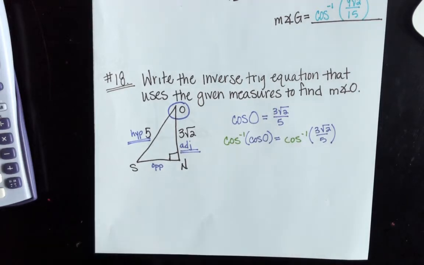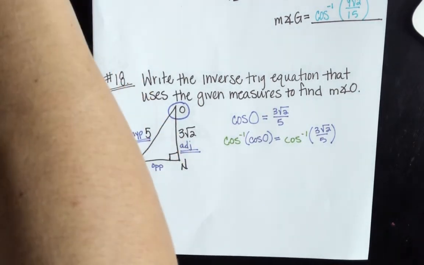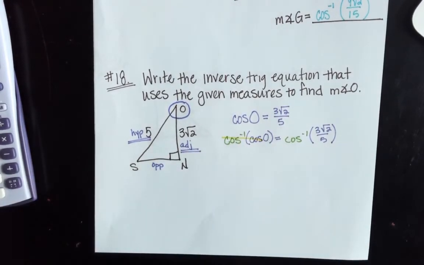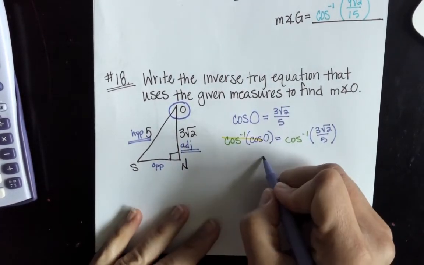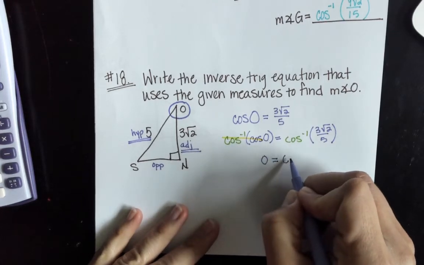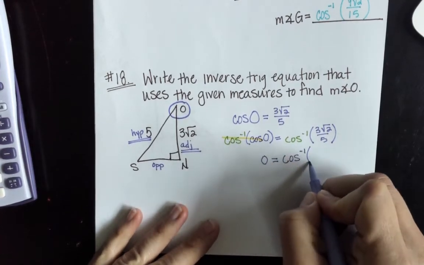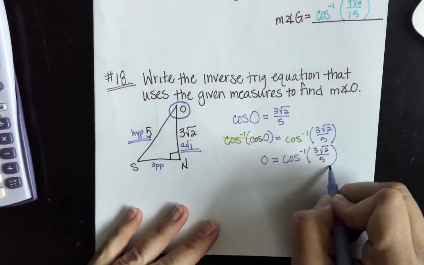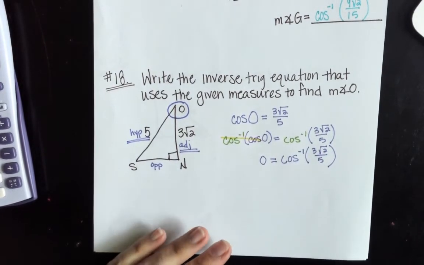What it wants is for those cosines to cancel, leaving us with what we would actually just plug into our calculator. So that's what it would look like.